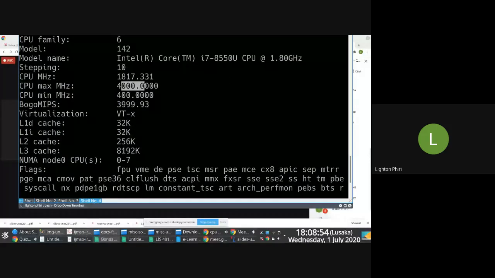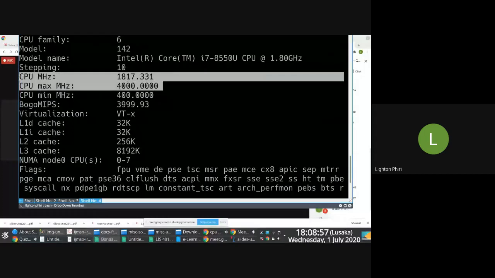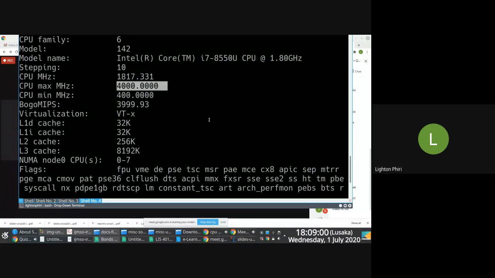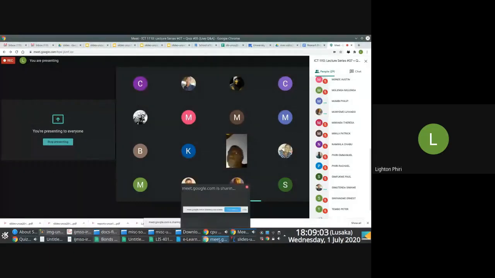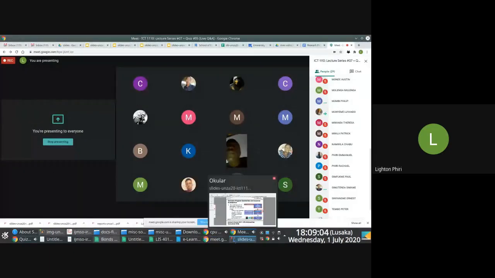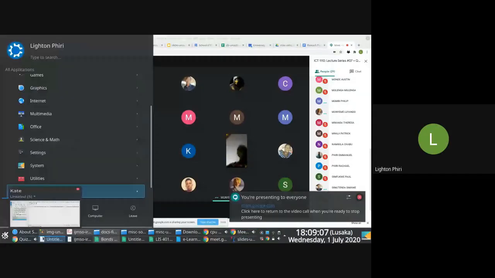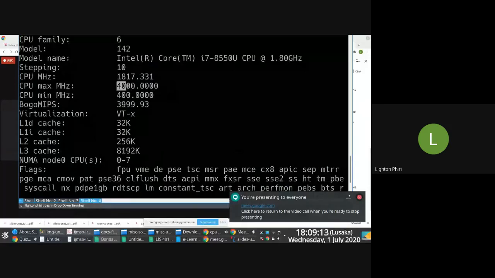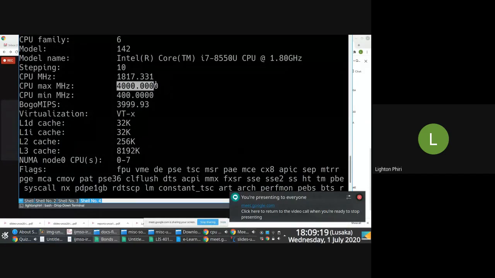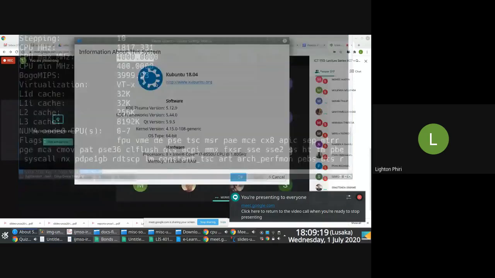If I was to make an educated guess, what this means is I can stretch it further so that I get a much faster rate than 1.8. The current value is 1.8, but because the maximum is 4,000, it means I can stretch it further to 4 gigahertz. So that's what it means, really. That's a theoretical maximum.